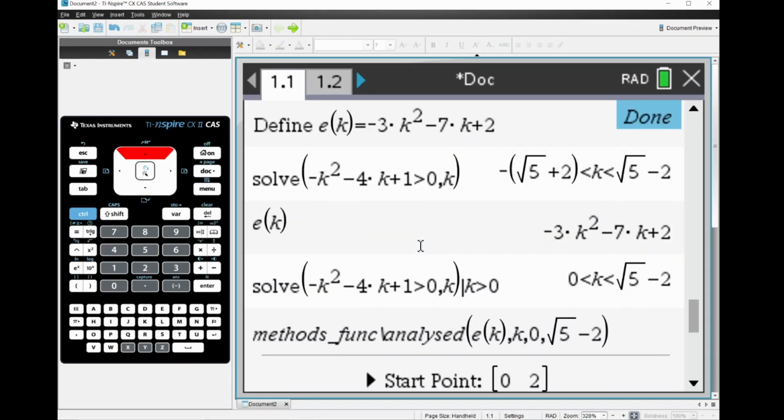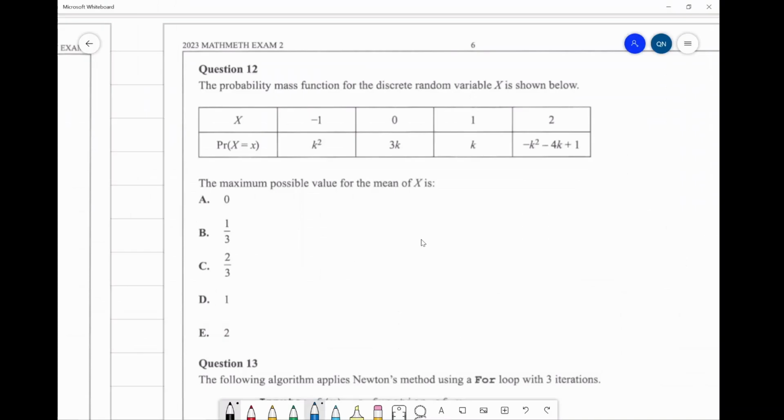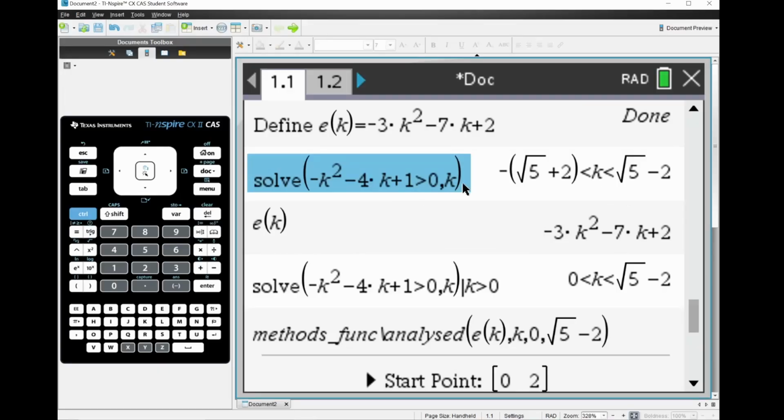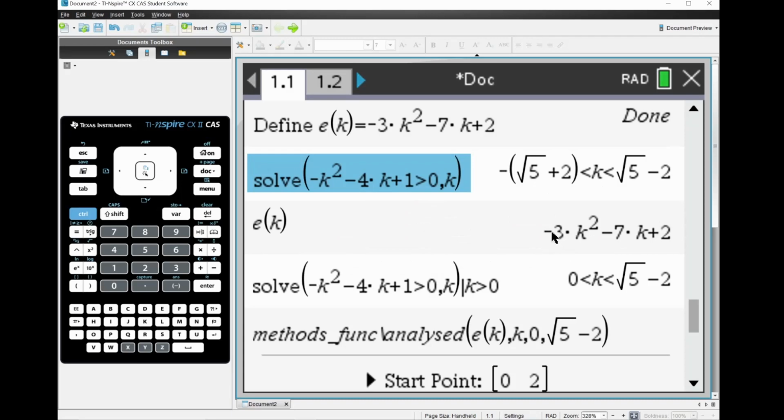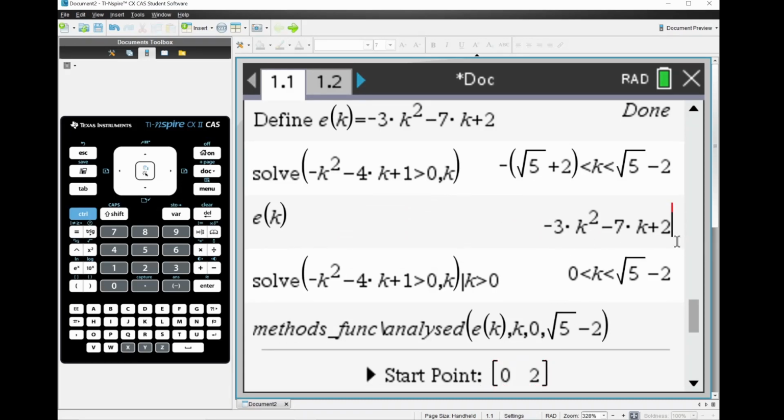So this value of 2 over here, this is k squared minus 4k plus 1. It has to be greater than 0, which means k has to be on this interval here. Okay, e of k is the mean that we just got. Here it is. And I want to find the maximum of this.